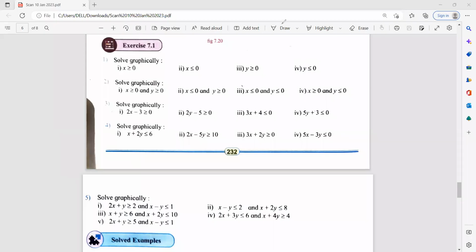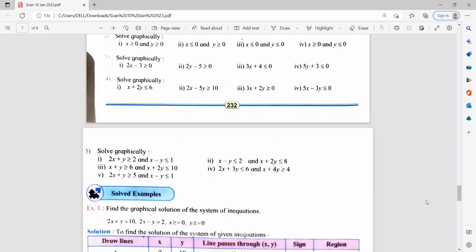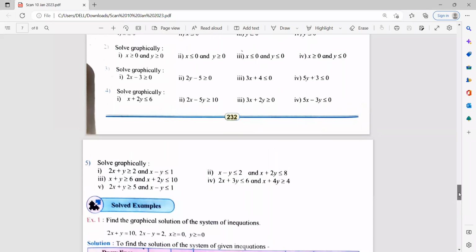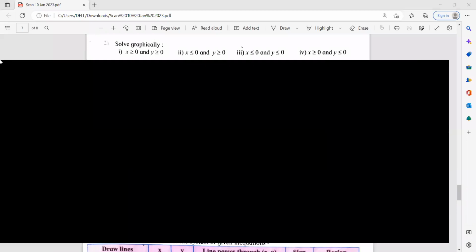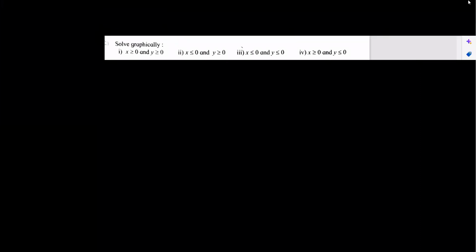Next, I go for the second question. They are saying solve graphically. This time, they are giving us two inequations simultaneously. So what I have to do, students, is go for the intersection of points. Try to understand.